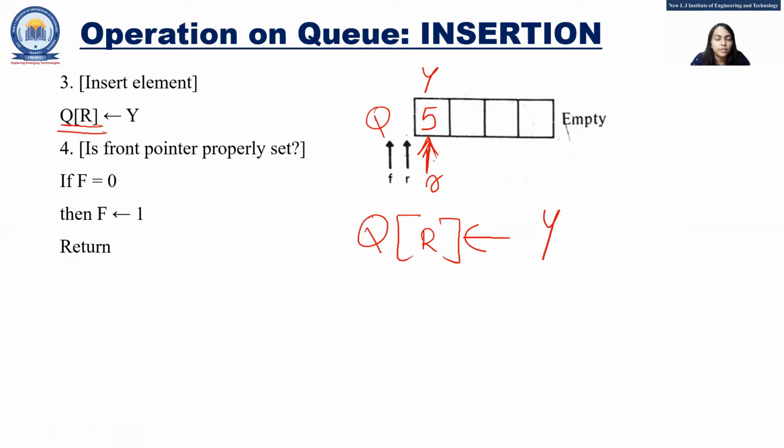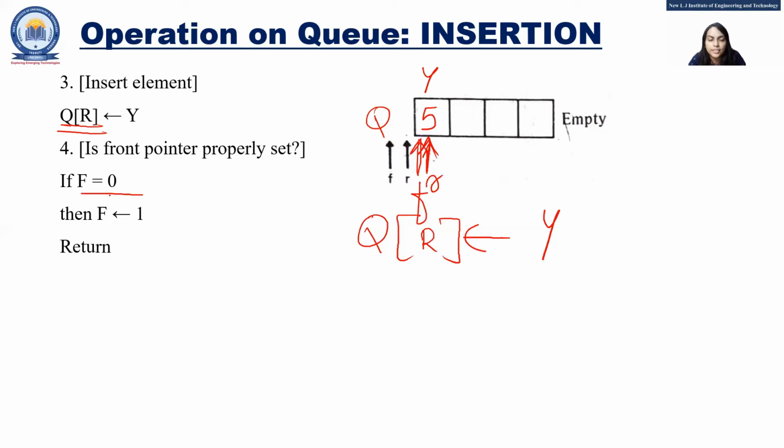Now, students, during the first insertion, we need to check if the front pointer is set, because as soon as the queue gets some value, that means Q has 5, it can be deleted also, right? So as soon as the first element is entered in the queue, we need to update the front pointer as well.